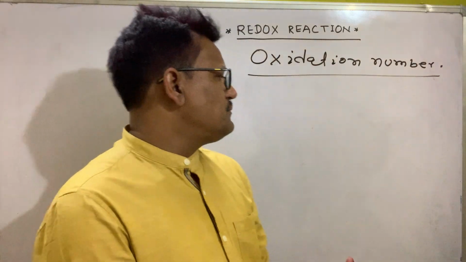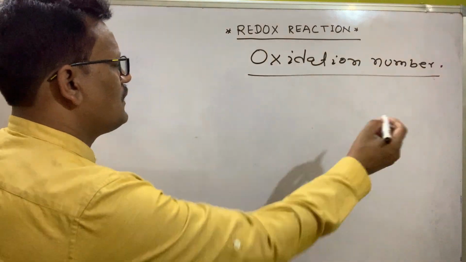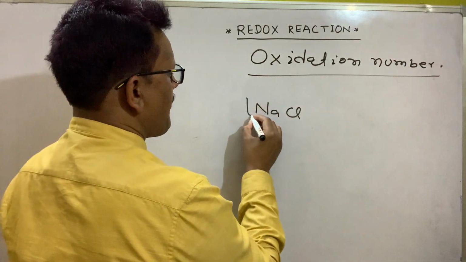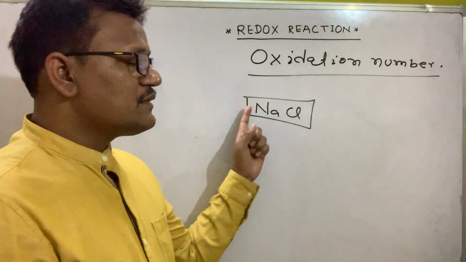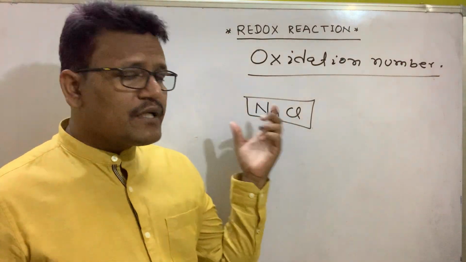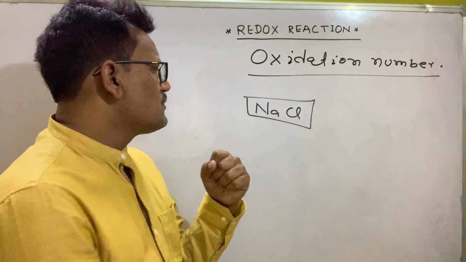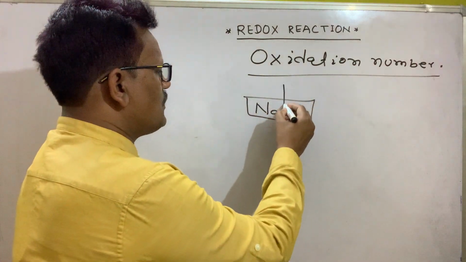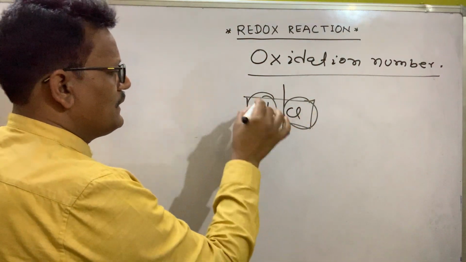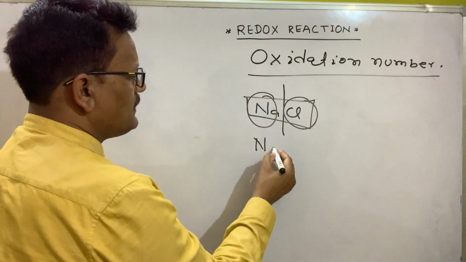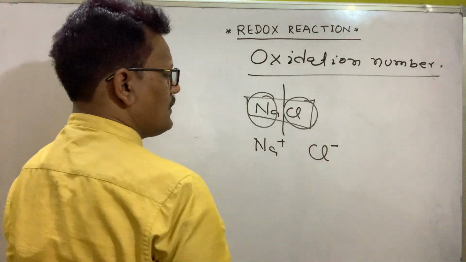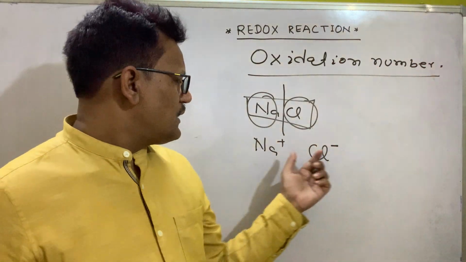So let us consider a chemical compound, NaCl. NaCl, its name is sodium chloride. It is an ionic compound which is composed of Na, sodium, and chlorine. In this molecule, sodium is present in Na plus form and Cl is in chloride form, Cl minus.